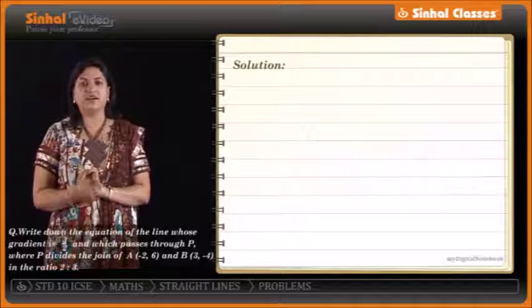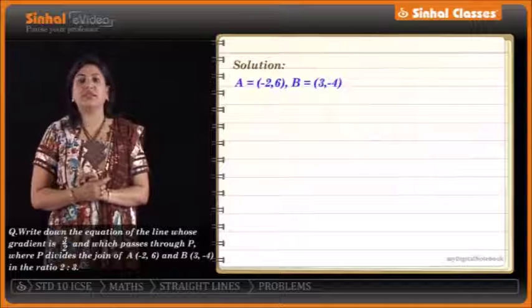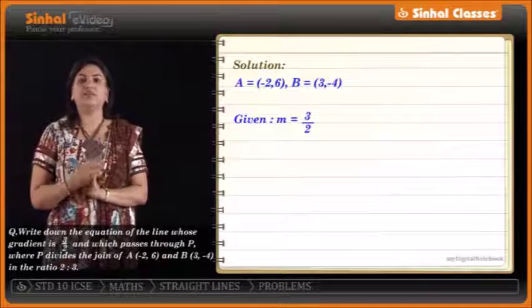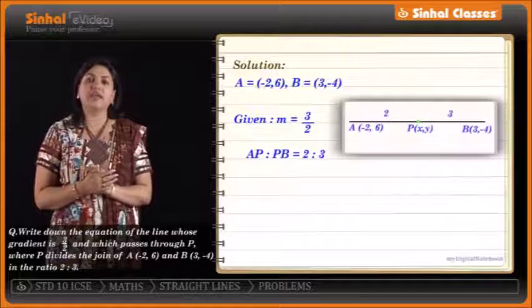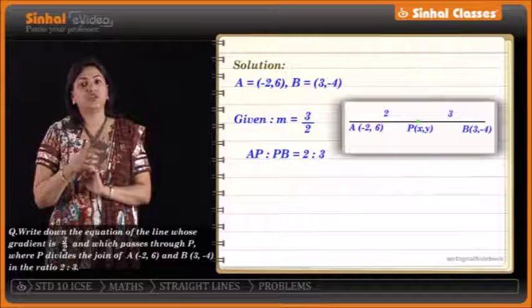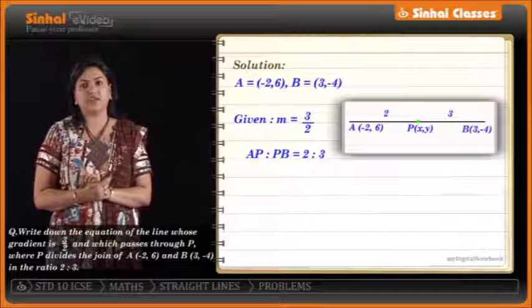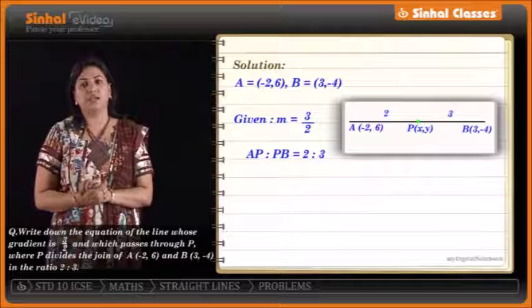So, here we are given 2 points A and B with their coordinates, and we are given P divides the join of these two in the ratio 2:3. We are asked to find the equation of the line which passes through P and has slope as 3 by 2. So first we need to find the point P.